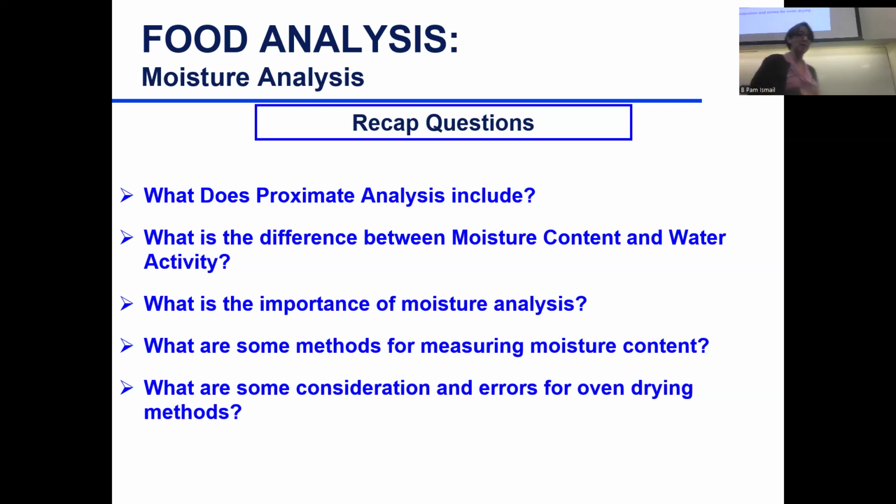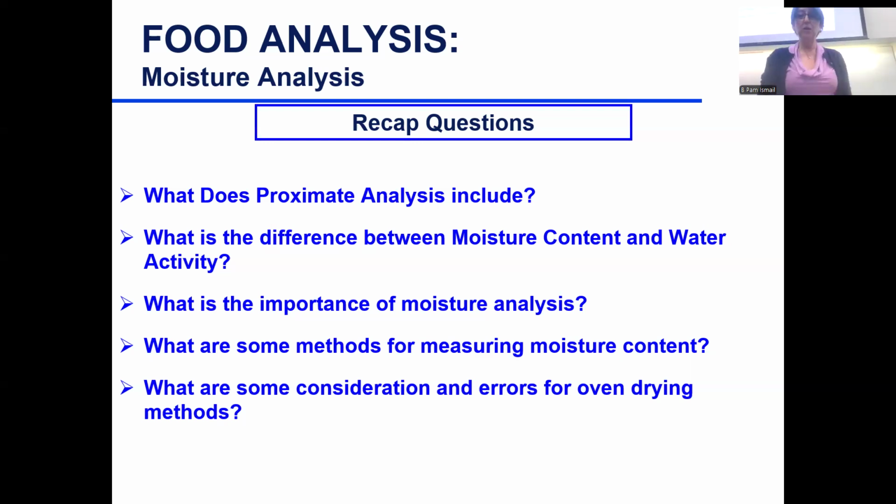There is also potential splattering if you have liquid, so it's good to evaporate some of that liquid in a steam bath before putting it in the oven. Loss of volatiles, like flavor compounds, can overestimate, and there are so many more that we talked about.